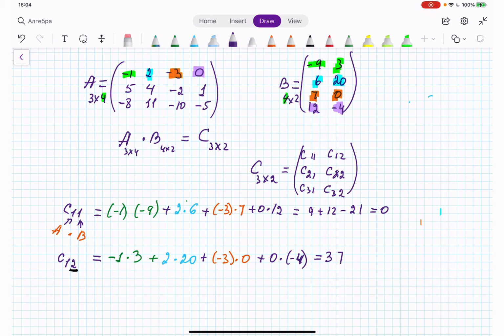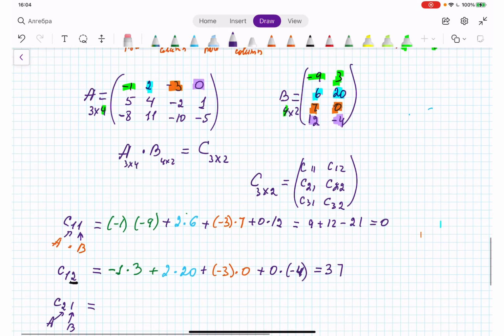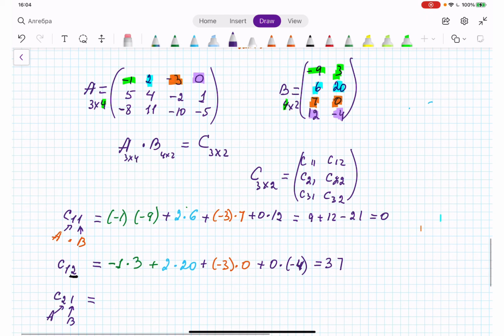Next I need to calculate C21. So I'm taking now the second row from A, multiplying by the first column from B. All right, let's go. Second row, so it's going to be 5 multiplying by the first column of B, 5 times -9.